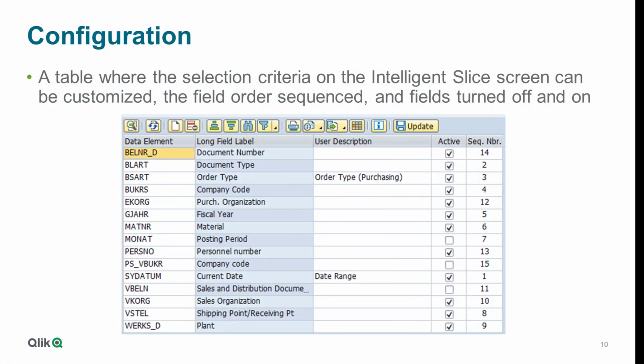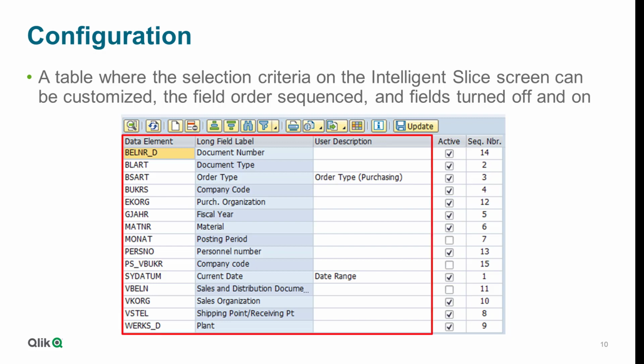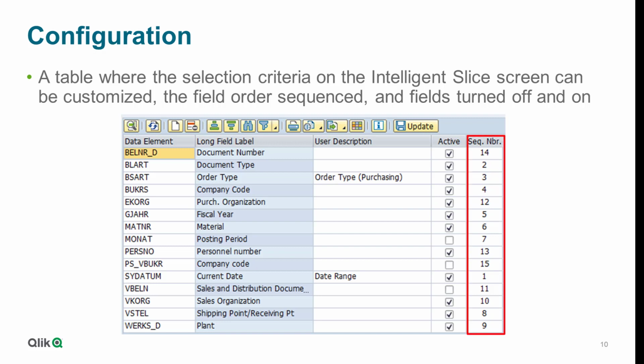There are two config areas relevant to Intelligent Slice. The first area is where the selection criteria displayed on the Intelligent Slice screen can be customized by adding or removing fields, sorting the sequence for how the fields are displayed, and turning off and on the fields as needed.